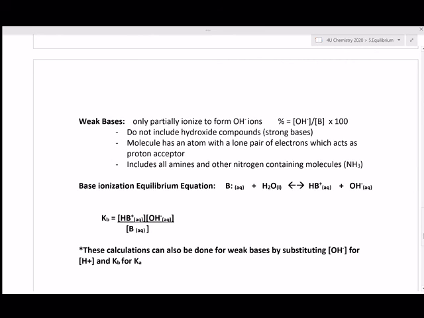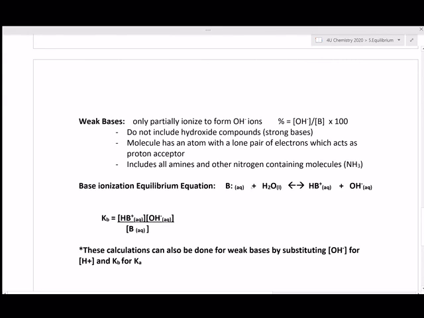It's very similar, just new substances that happen to be bases, so bases that are weak, only partially ionized, but this time they're making hydroxide ions. What you'll find is that they're not things with hydroxide in them. So the sodium hydroxide, calcium hydroxide, etc. are strong bases. These will be usually things with nitrogen in them. So amines, ammonia, that type of thing are weak bases.